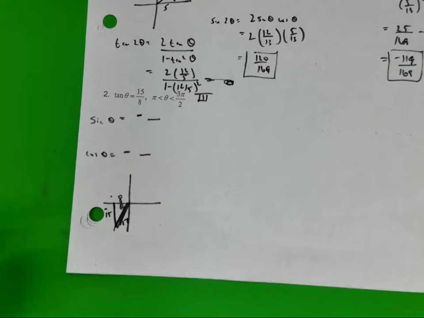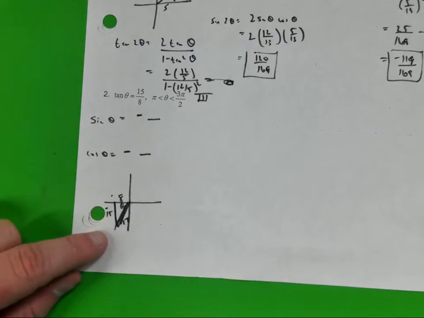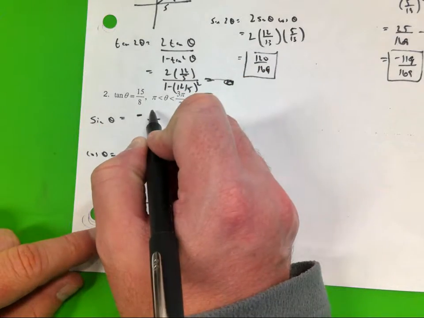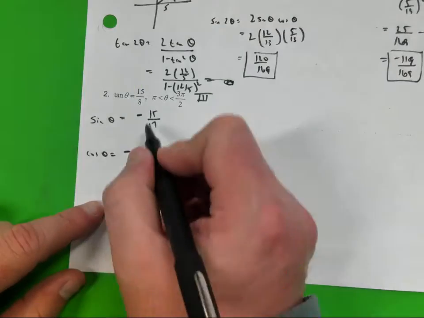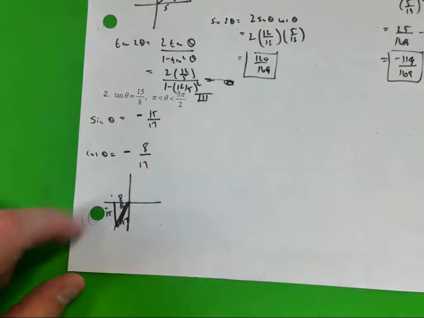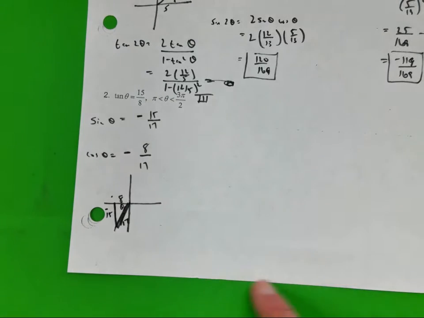Okay, so your sine will be opposite over hypotenuse. So that's going to be negative 15 over 17. Cosine's adjacent over hypotenuse, negative 8 over 17. Now I want you to take that information and find the rest of them for me. I want you to do sine 2 theta, cosine 2 theta, and tangent 2 theta.